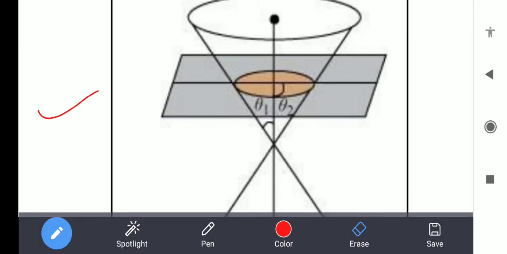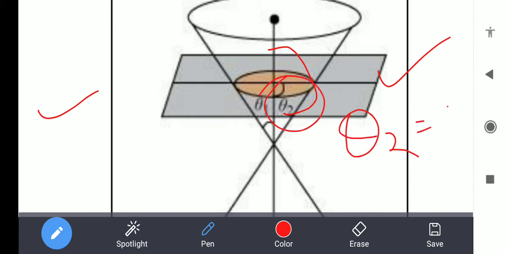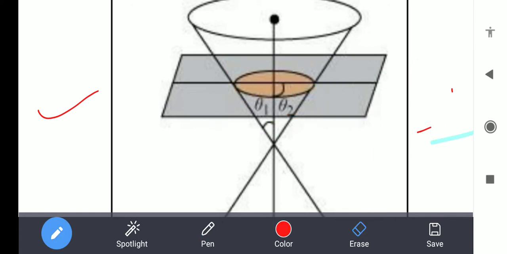Only one nap, that is the upper nap, or you can cut the lower nap also, is cut by a plane such that theta 2 is equal to 90 degree, so the shape formed is a circle.